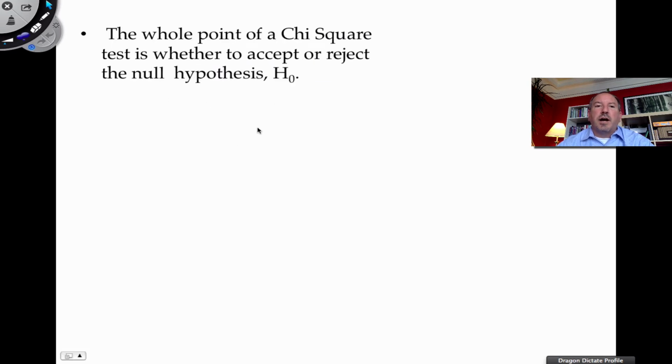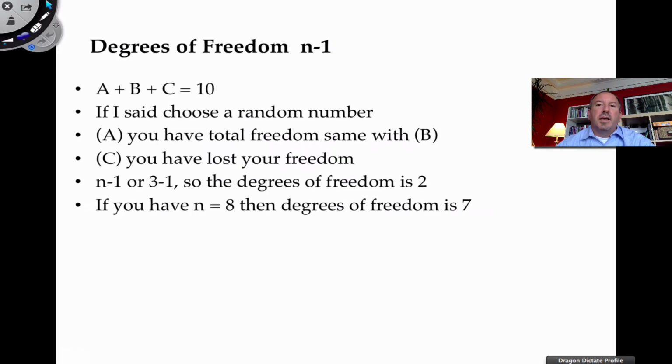So the whole point of the chi-square is, do we accept or reject the null hypothesis that there is no effect? And so in order to actually totally solve for chi-square, let me introduce to you another concept that is very important in statistical analysis. It's something called degrees of freedom, or n minus 1.